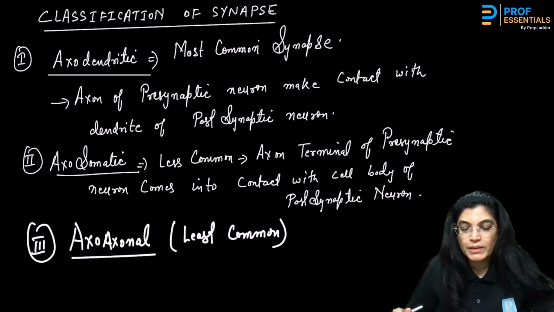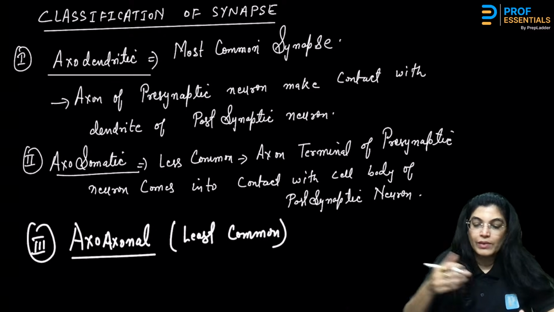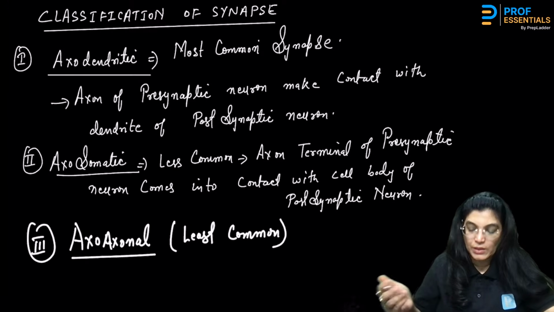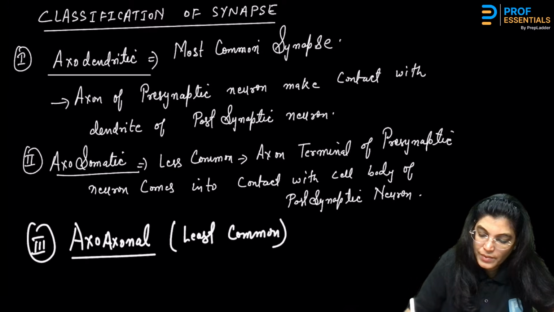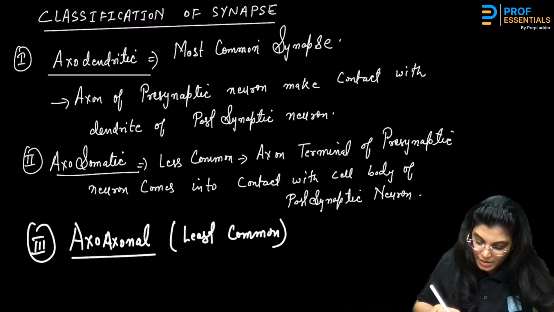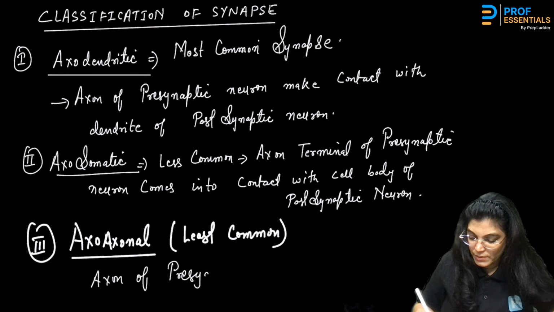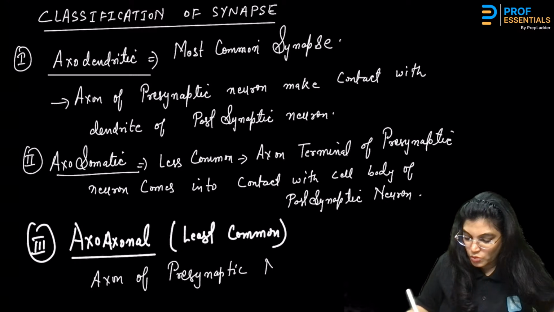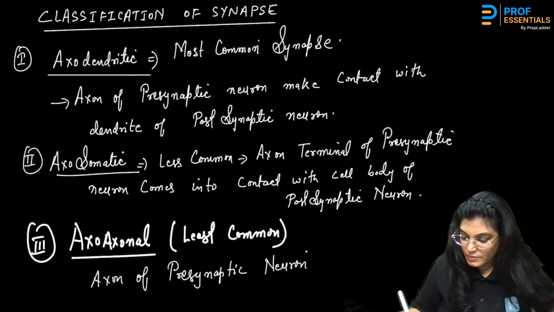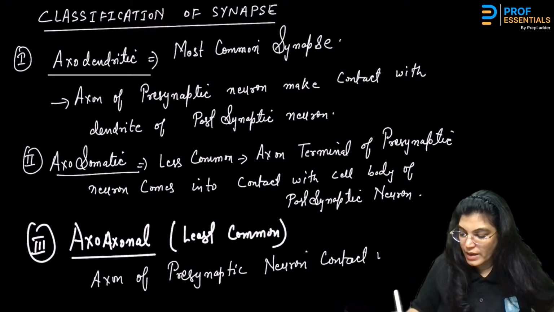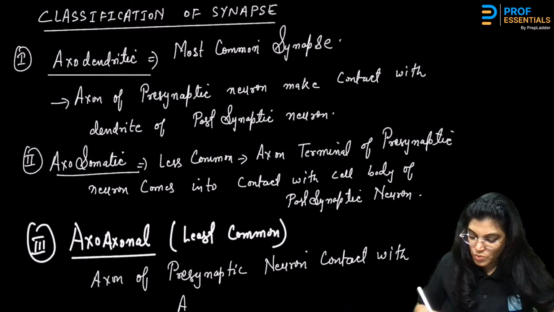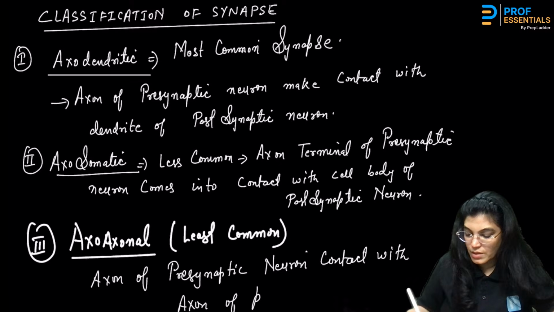The axon of the presynaptic neuron makes contact with the axons of the postsynaptic neuron.